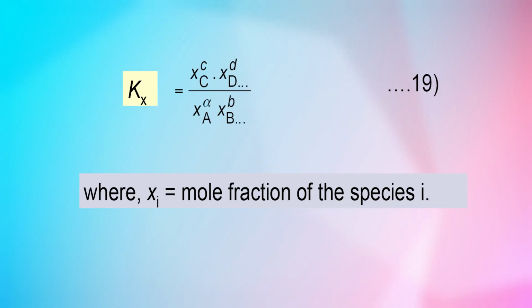Similarly, if you take Kx, the mole fraction x, taking the equilibrium constant in terms of mole fraction, then you will be using equation 19, where Xc to the power c, again the products are coming in the numerator and the reactants are coming in the denominator. Xi is the mole fraction of the species i.